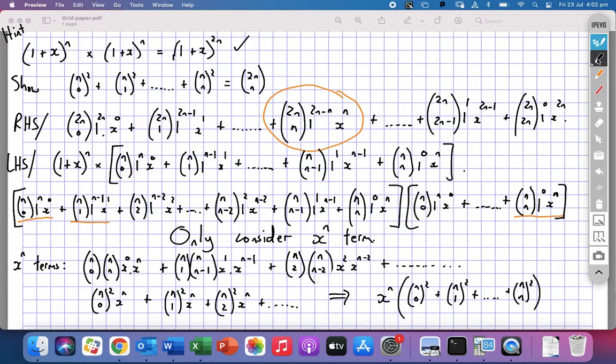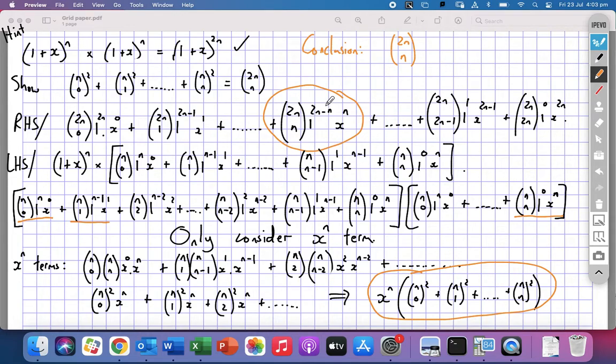We can equate the coefficient from this. We could therefore say that these two things in orange have to be the same. And what that means, so our conclusion up here, we could say that 2n choose n, this is giving the number part.